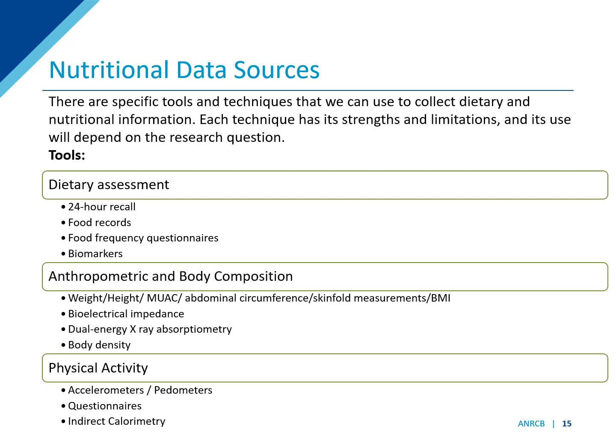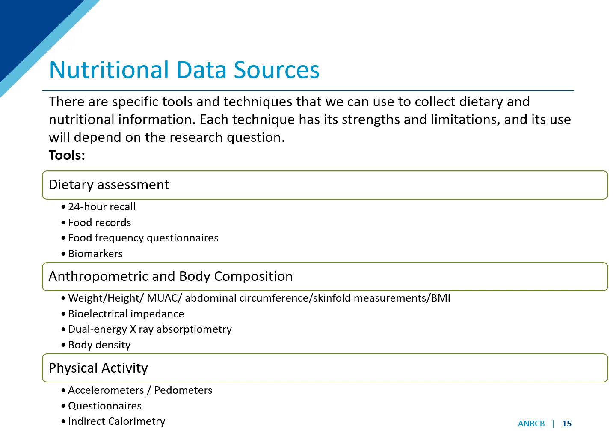There are specific tools and techniques that we can use to collect dietary and nutritional information and data. They all have their own strengths and limitations, and use will, of course, always depend on the research question.